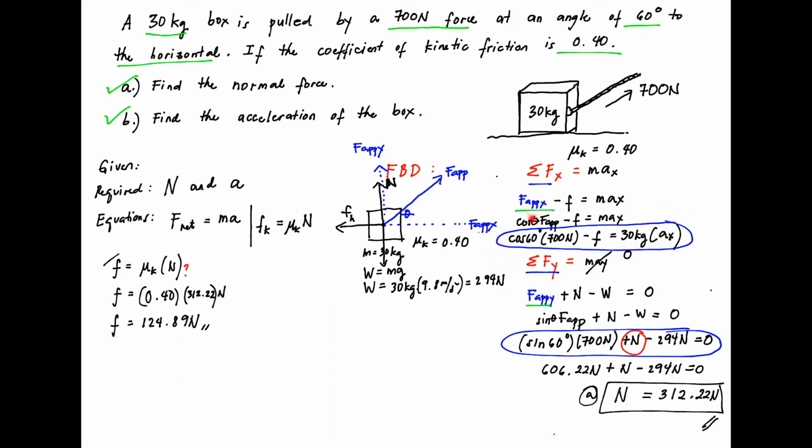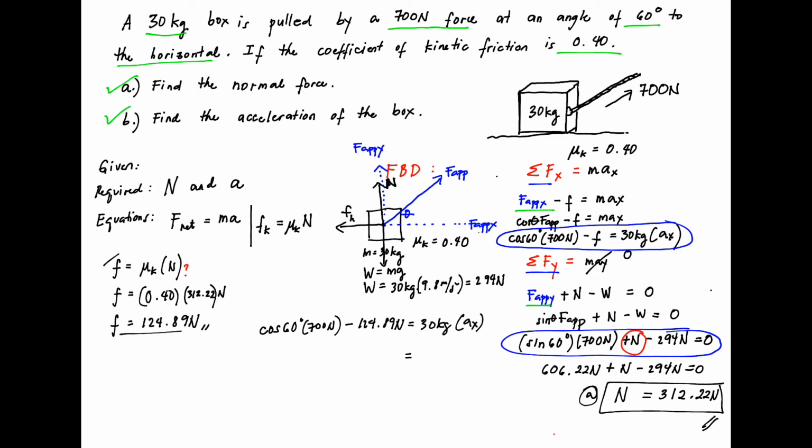Let's go back to this equation and rewrite it. We have cosine 60 degrees times 700 Newtons minus 124.89 Newtons, our frictional force, equals 30 kilograms multiplied by the acceleration in the horizontal direction.